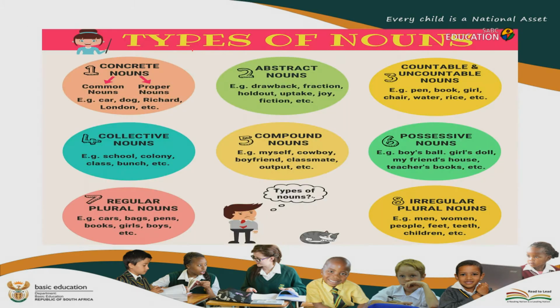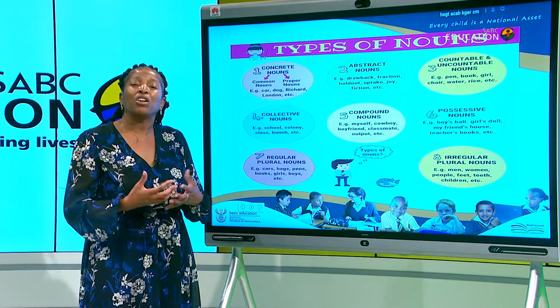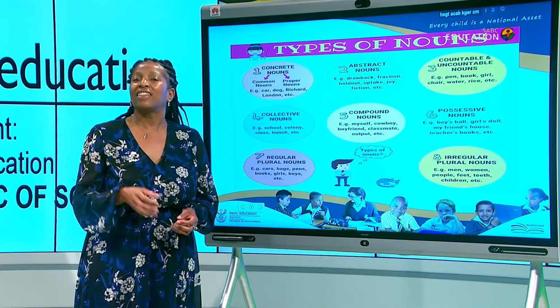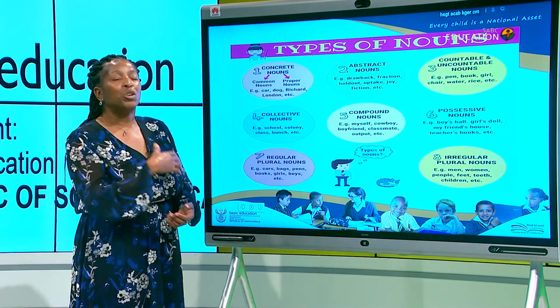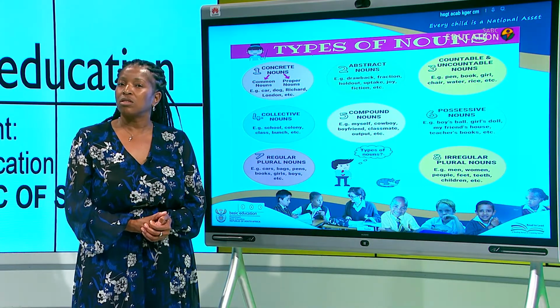We will start off with nouns. Please note that a noun is a name. You have a name. Everything around us has a name. We would not be able to speak of or refer to things had they not been given a name. So we've got different types of nouns.